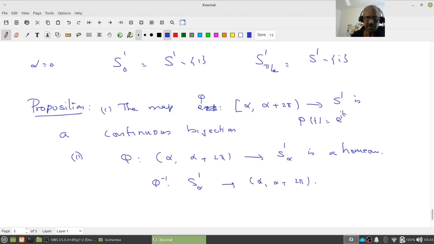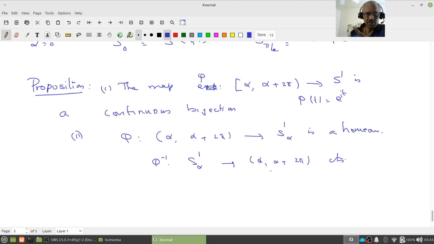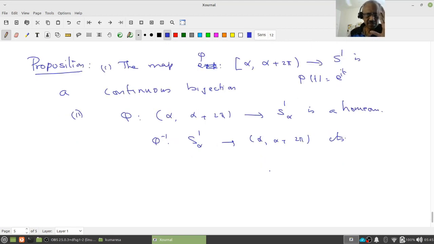So what you want to say is this map is also continuous because phi is already given to be continuous, and phi maps this open interval alpha to alpha plus 2 pi onto S1 where e power i alpha is removed from S1. Okay, that's a bijection. Therefore it's a bijection, I can talk about the inverse. The inverse is continuous. Okay, this is not something very complicated.